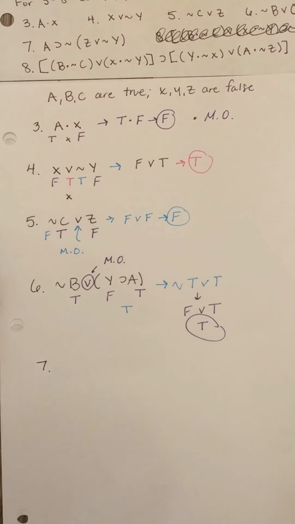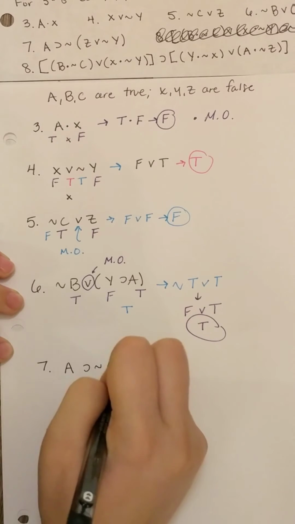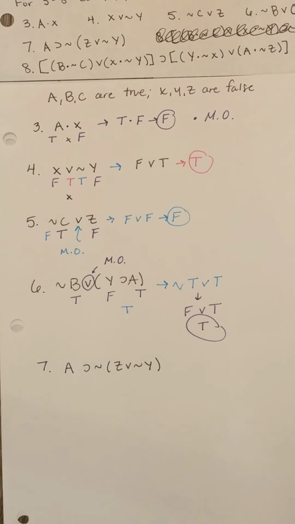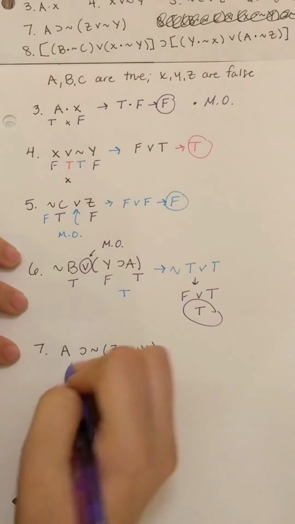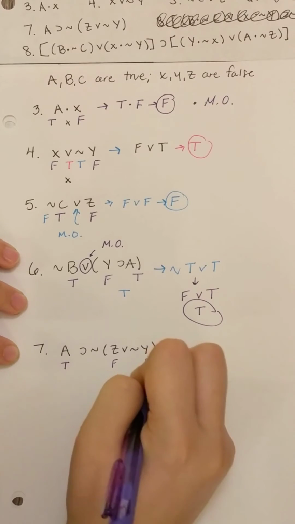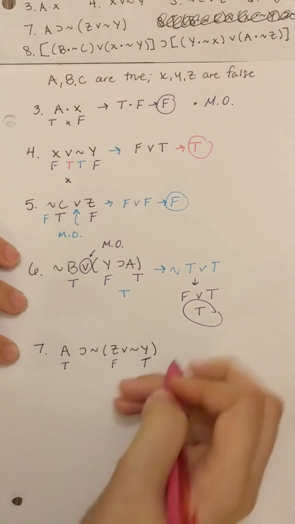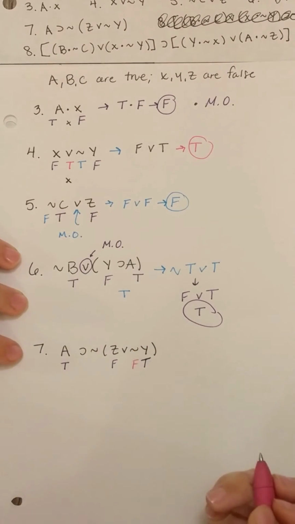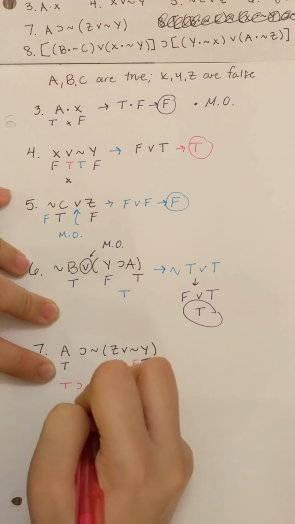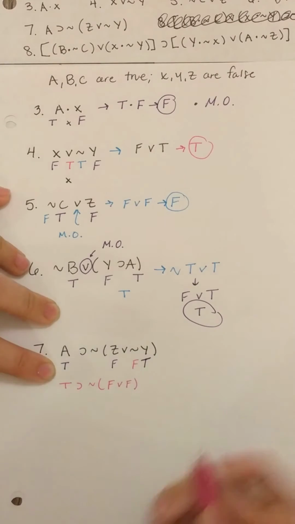And then 7, I have A, if A, then not Z or not Y. So then A is true, Z is false, Y is true. So not true is false. So that becomes true, if true, then not, false or false.